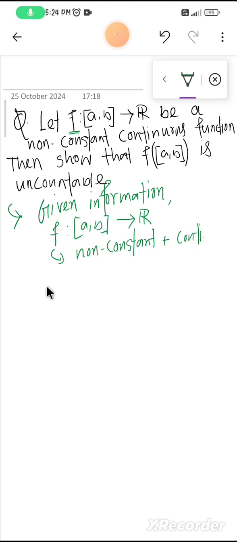So what is our target? Target is, we have to prove that f of closed interval ab is an uncountable set. So the range of f is uncountable, that is f of closed interval ab is uncountable.